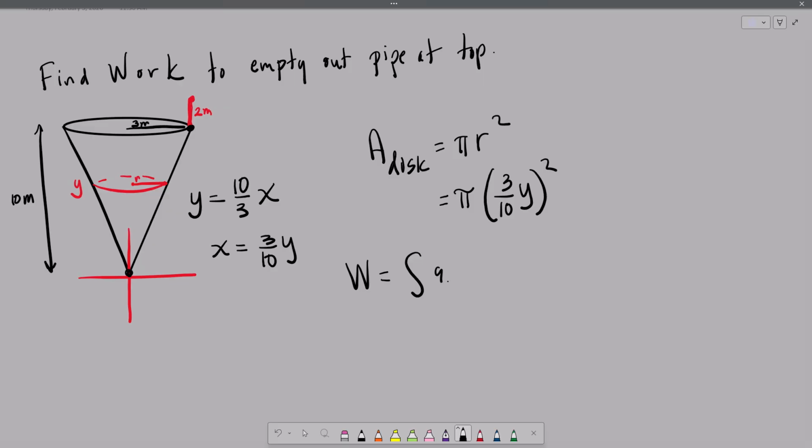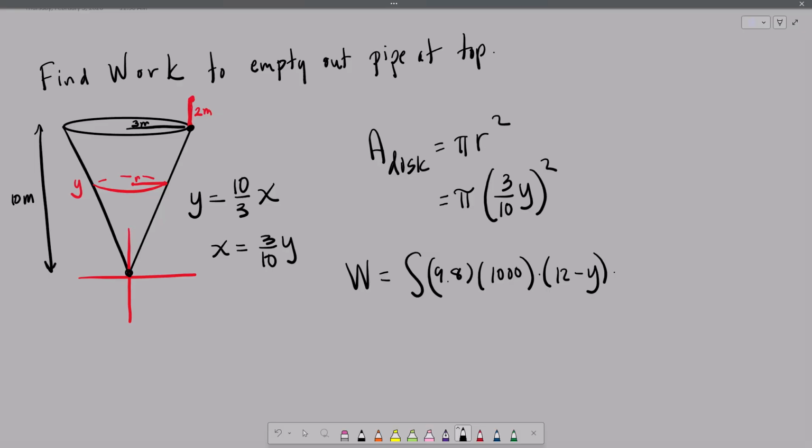So we have the 9.8, and the 1,000 because it's water. Now the distance that our representative cross-section travels is what? 12 minus y. 12 is the full distance to the top of that little pipe. 12 minus y is that complementary distance. So there is our second d.